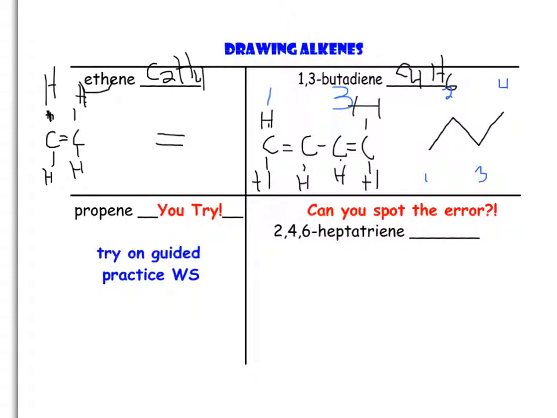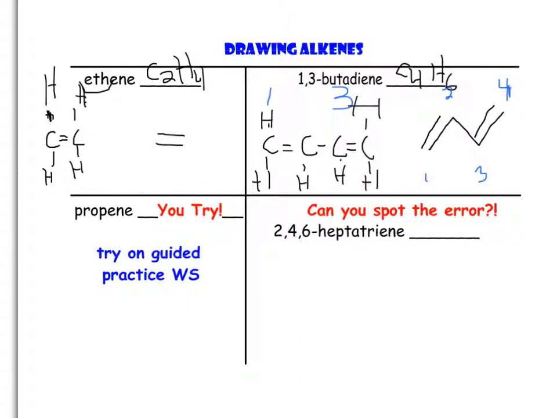And now my bonds need to occur starting on the first and the third carbon. So first and third carbon, and this double bond is going to look like this. So this double bond starts on the first carbon, goes to the second. This double bond starts on the third carbon and then connects to the fourth.